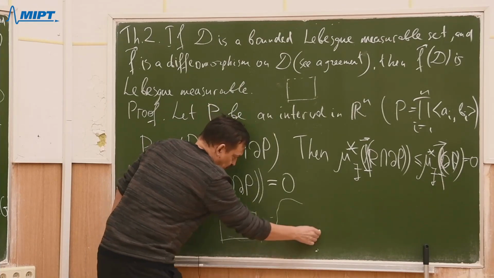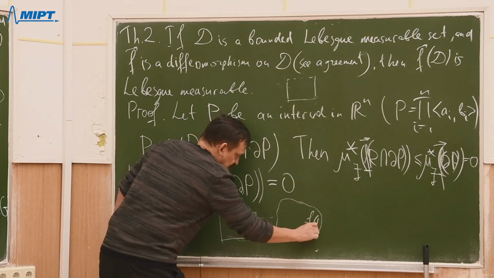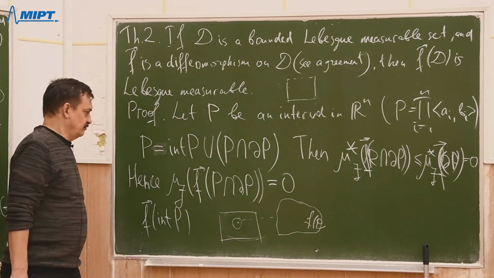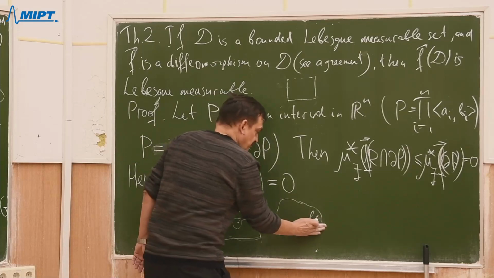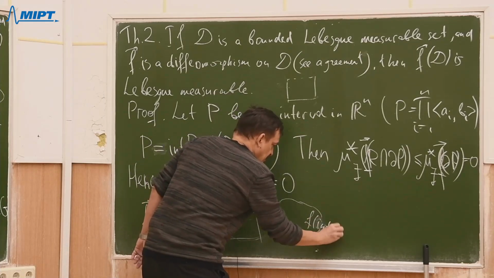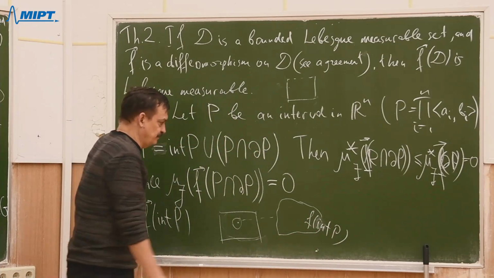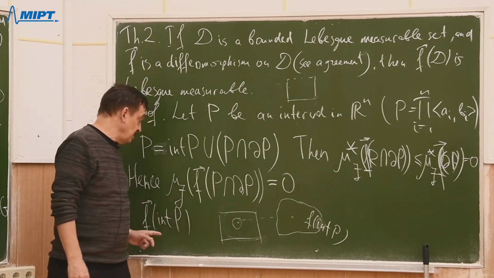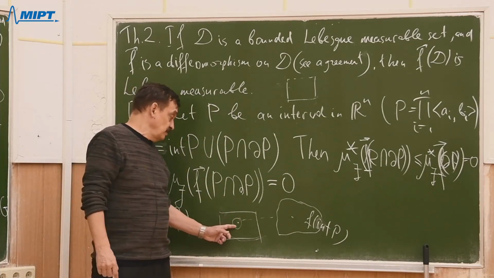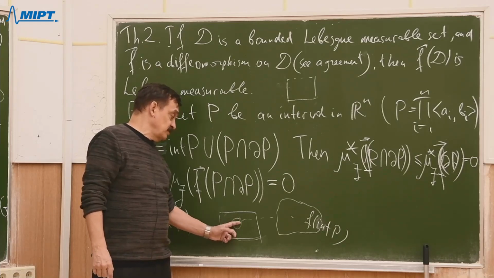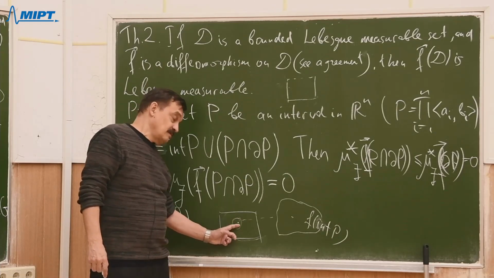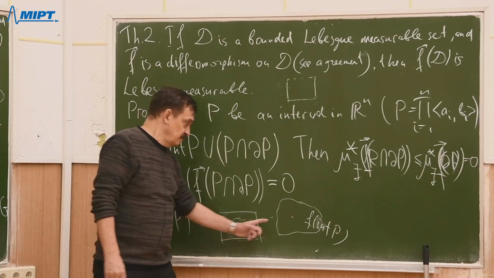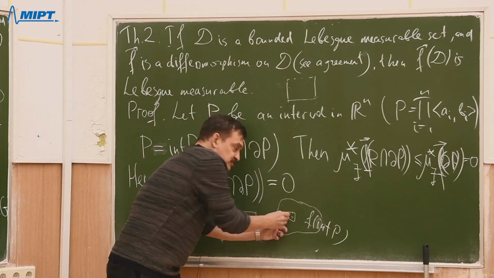I don't know what this is, f of interior, sorry. And what we know by the inverse mapping theorem is that you have a 1-to-1 correspondence between this neighborhood and the neighborhood of the image here.